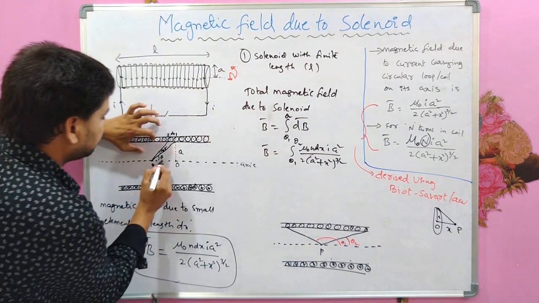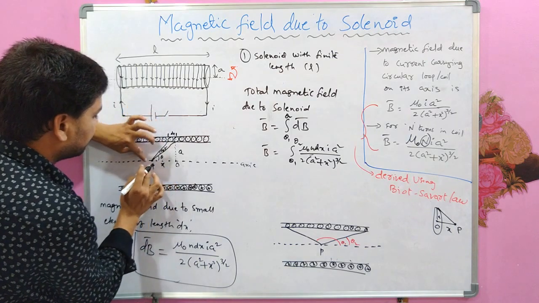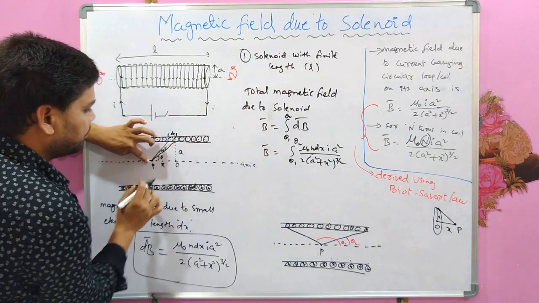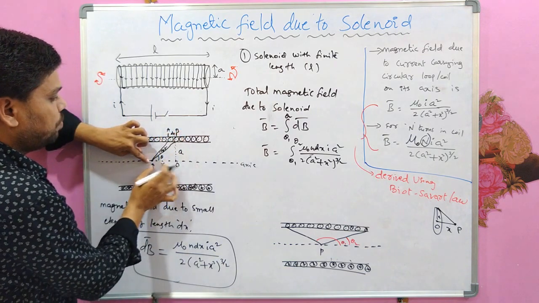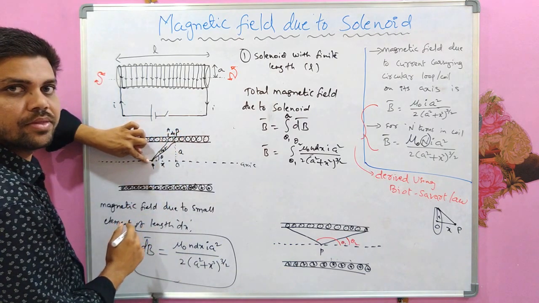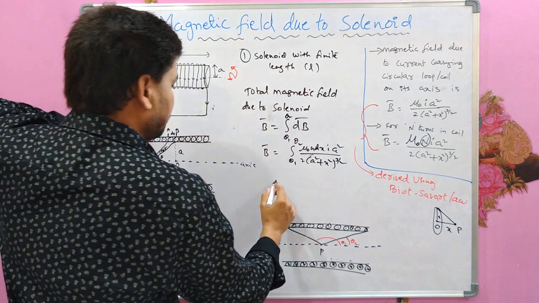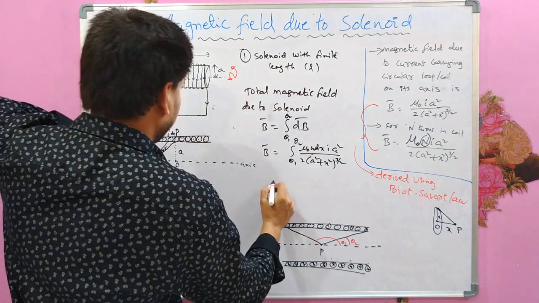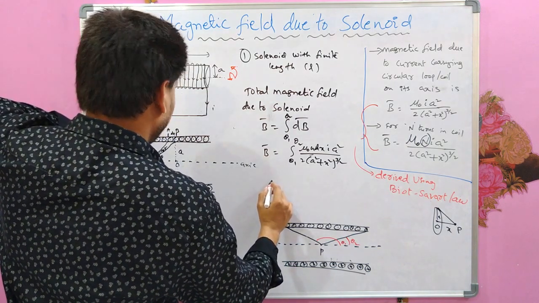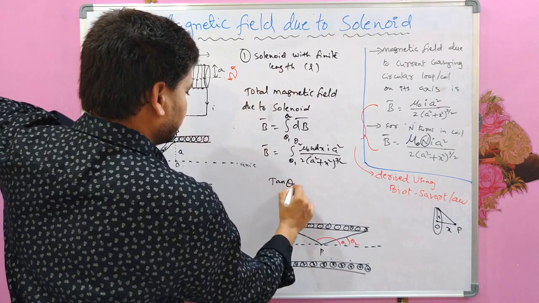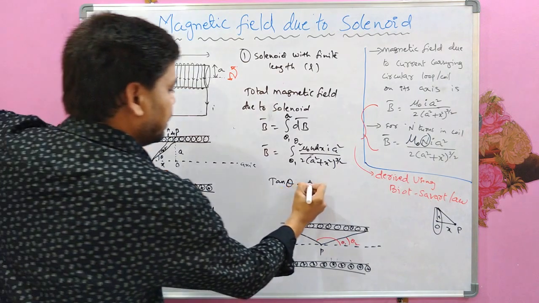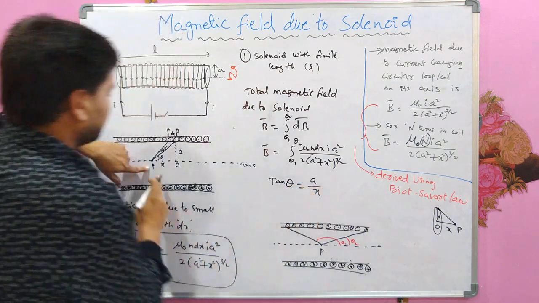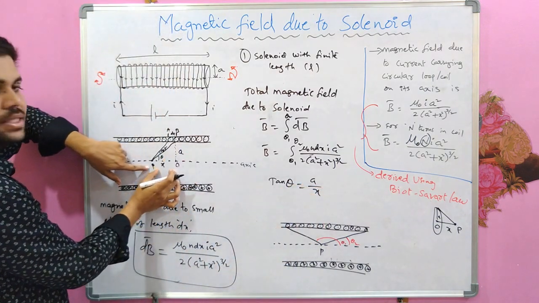If you observe this triangle, this O, P, this point, if this is some A and this is some B, from triangle OPB, you can say what is tan theta? From here, it will be A by X, opposite side by adjacent side.